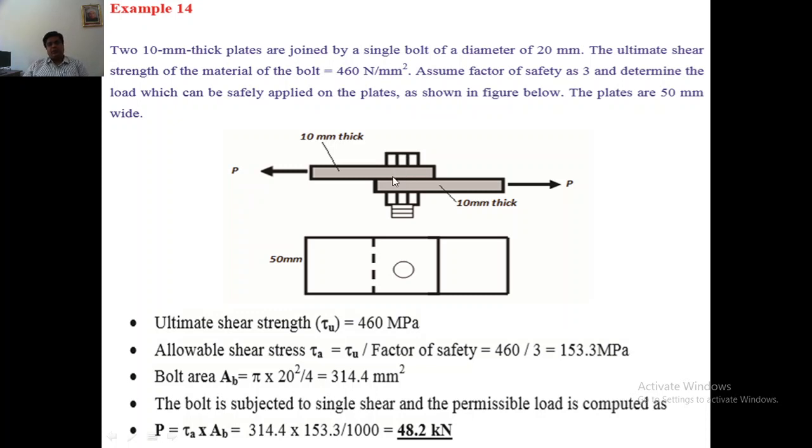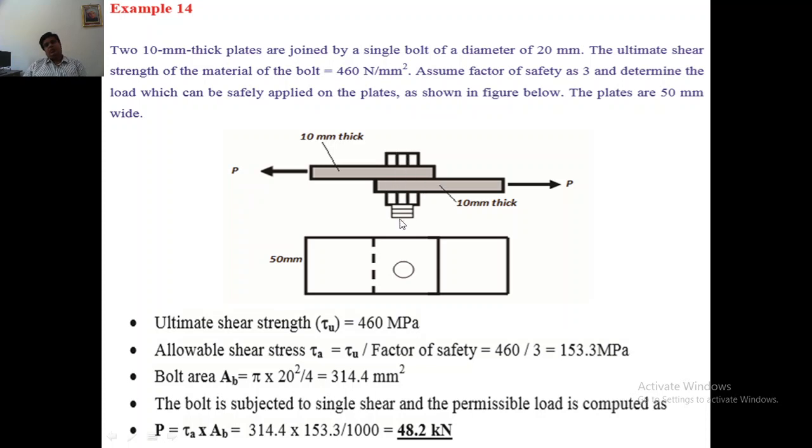The bolt will be circular in cross section. So when you apply the shear loads, when the load is acting on these two plates, this load will exert shear load on this cross section of this bolt here.